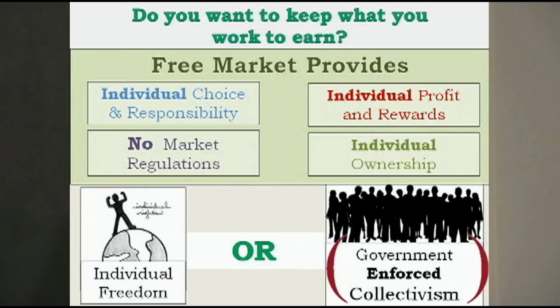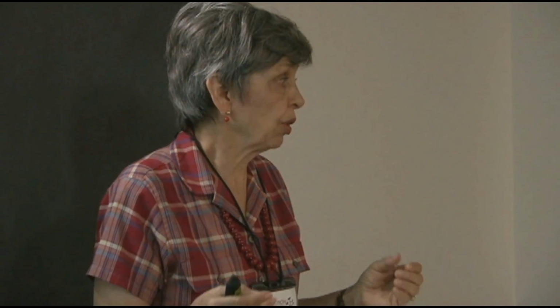So, in our country, as you grow up and begin to vote and to look at the government and see what's going on in government, you'll hear this idea, government enforced collectivism. They'll not say enforced, they'll say collectivism. Or they'll make it sound good where you don't have to have risk anymore, where you are secure, where you are given what you need.